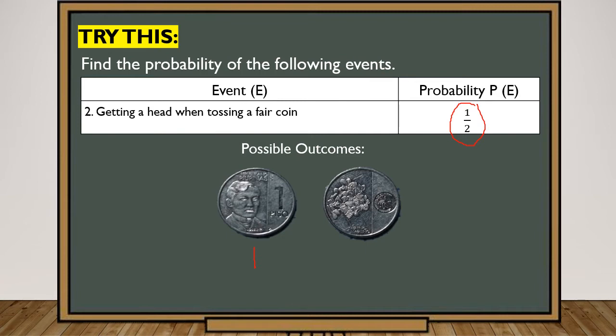If you try to determine the probability of getting a tail, it is still 1/2, because each of them has an equal chance of appearing. There are only two possible outcomes, so we have 1/2.